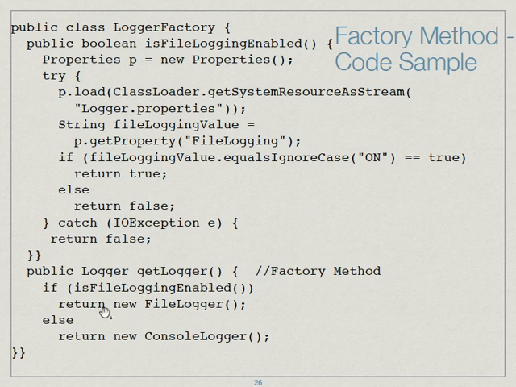But in this case, I do new in both cases. So I create. So that's how from the code I know this is not singleton, because if you call it multiple times, you get multiple new objects. And you can see that there is a check whether file logging is enabled. Maybe this is due to some properties file.